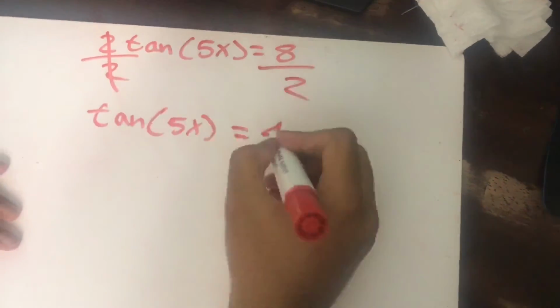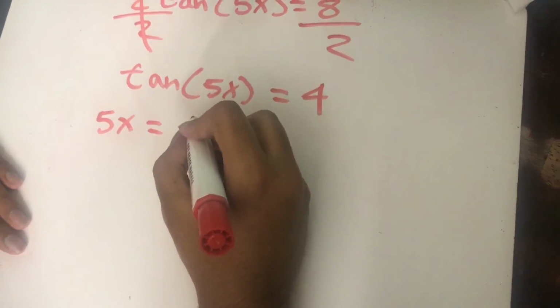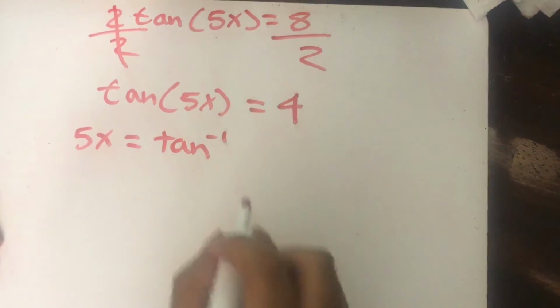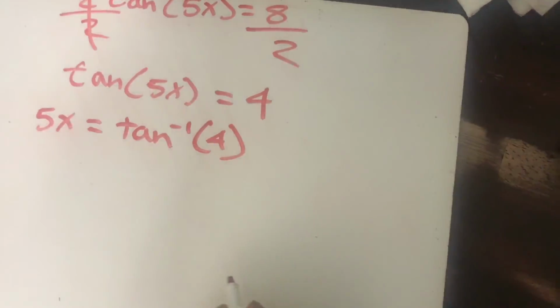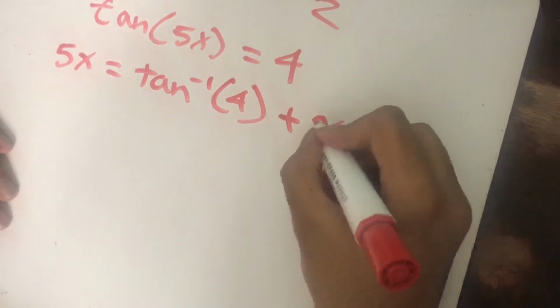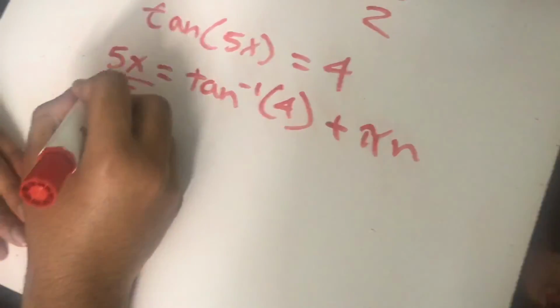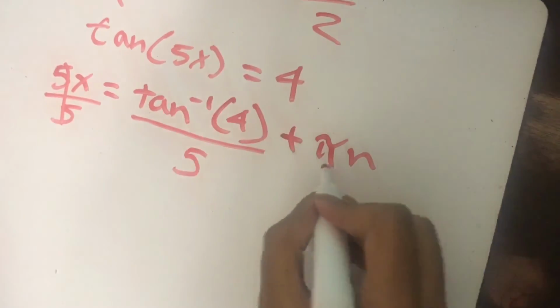Now I'm going to bring the tan to this side, and I do that, it's going to be 5x equal to tan to the power of negative 1, so basically arctan, of 4. Then because it's tan, I'm going to add plus pi n, and now I can divide by 5.